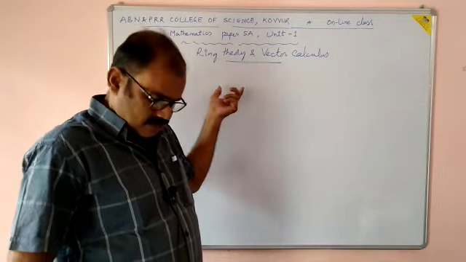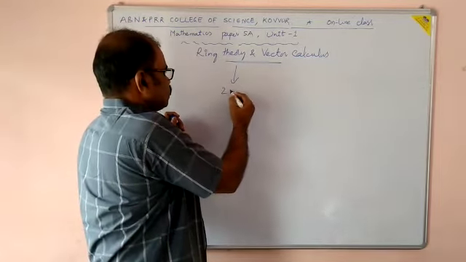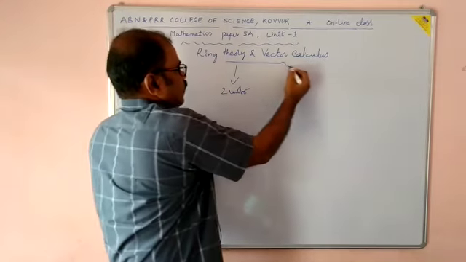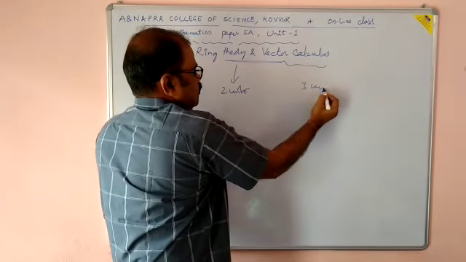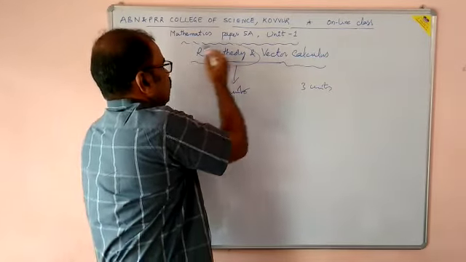Ring theory consists of 2 units and vector calculus 3 units. So, I will deal with this ring theory.